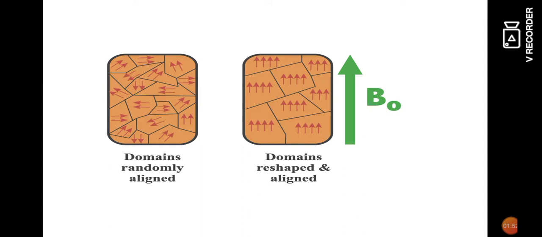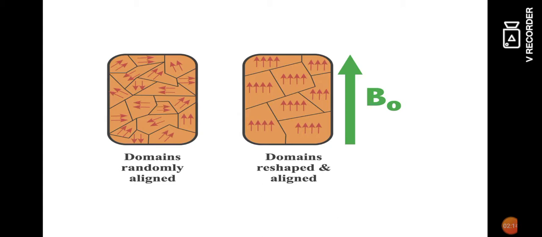Figure A represents the various ferromagnetic domains inside the ferromagnetic material. So here we see the ferromagnetic material is divided into a number of ferromagnetic domains with a small volume.